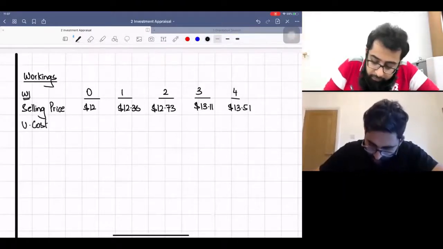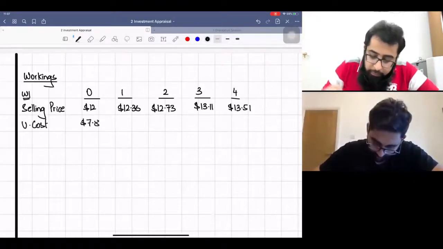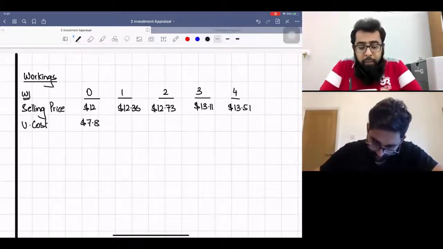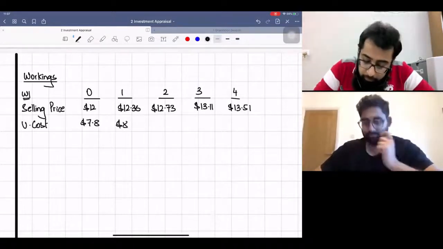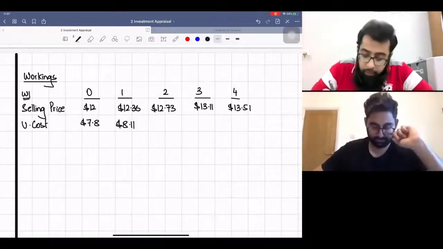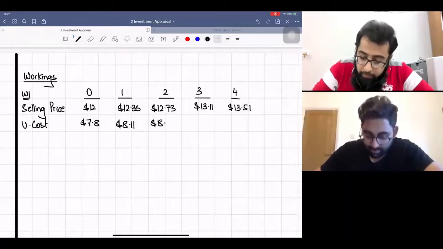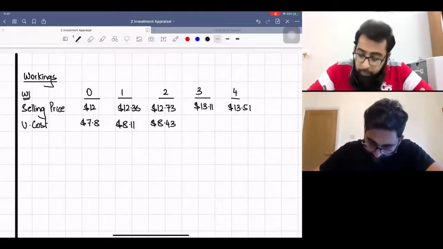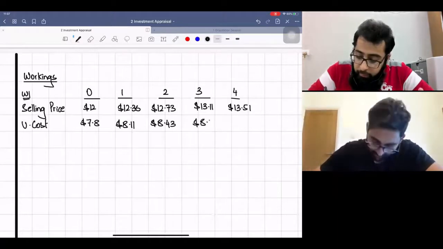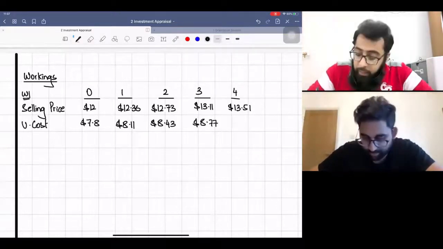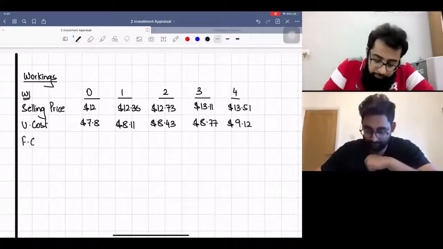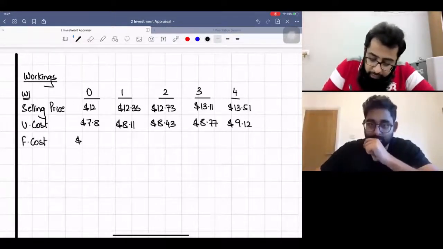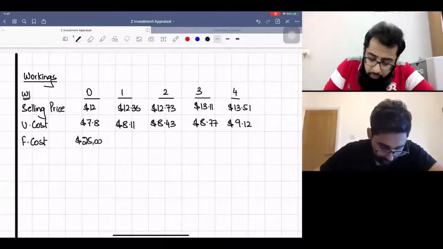So if you inflate $7.8 by 4% per year, you get 8.11, then 8.43, then 8.77, and then 9.12.